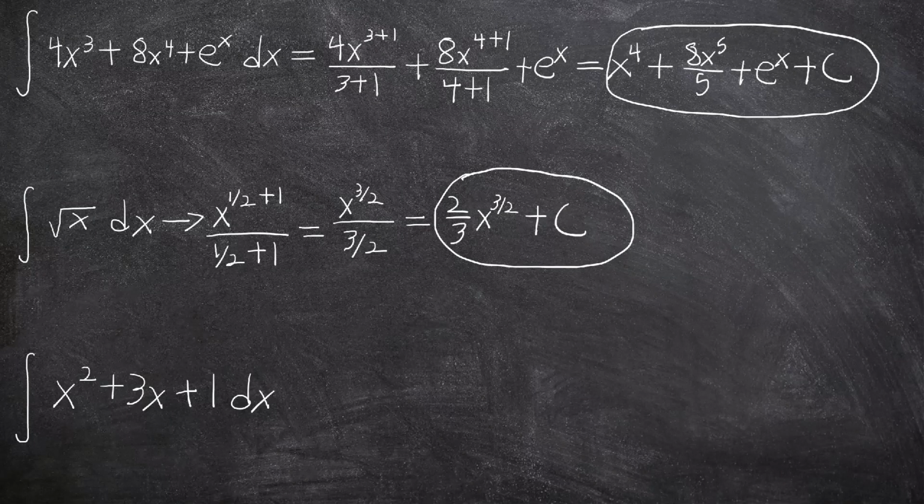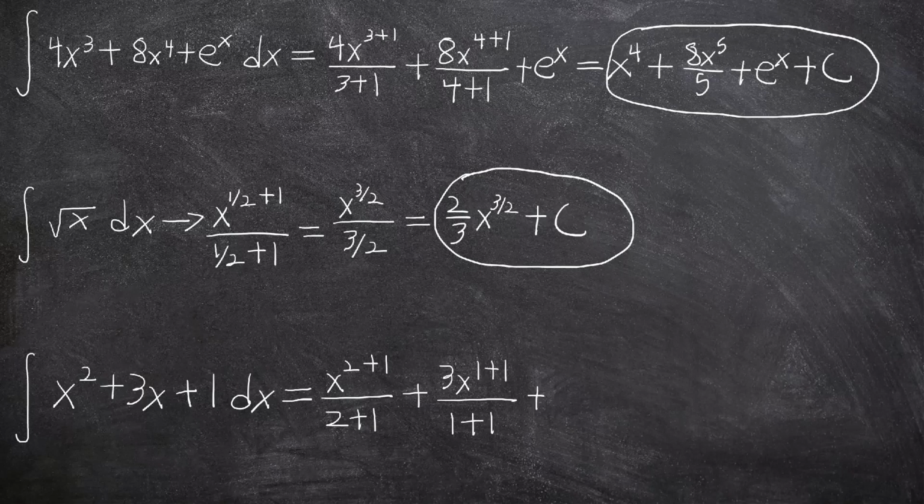Going into the last one now, it's kind of like previous ones we did. We apply the integral power rule to each term. That's the first term, and the second term, 3x to the 1 plus 1 over 1 plus 1.